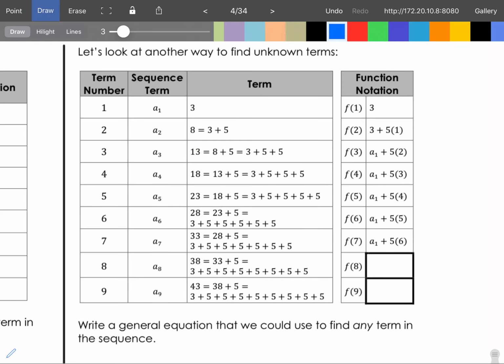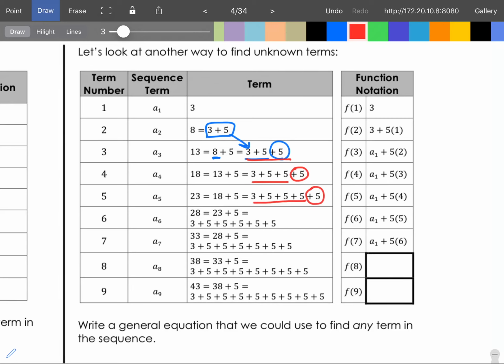Notice that this 8 here is 3 plus 5, right? It was really this 3 that came down to here, and then we just added 5 more. See? And then if we take this 3 plus 5 plus 5 right here, and then we add 5 each time. It's just another way to look at it.